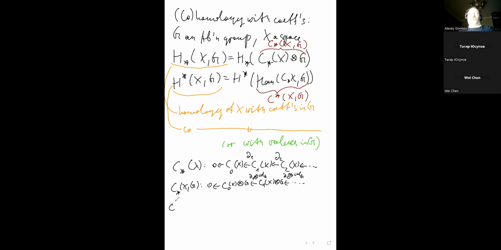And this is clear. What about the second one? Well, the second one will be slightly different in that all the differentials will change direction.